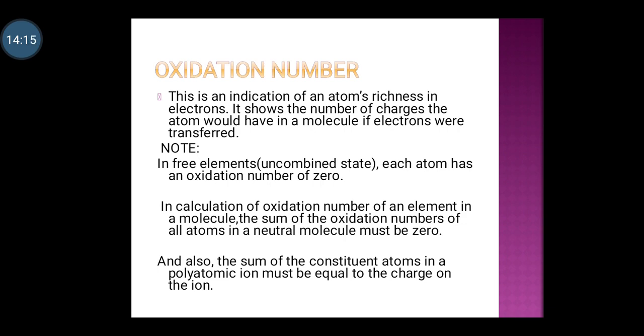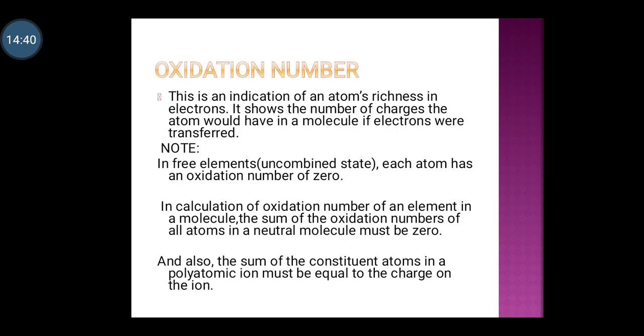It shows the number of charges the atom would have in a molecule if electrons were transferred. Remember, we are looking at transfer of what? Electrons. That's oxidation, reduction, reaction. Now, oxidation number gives an indication of an atom's richness in electrons.